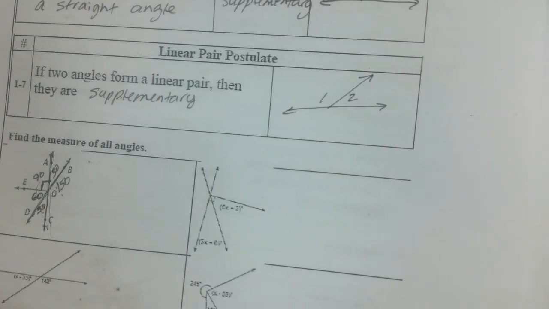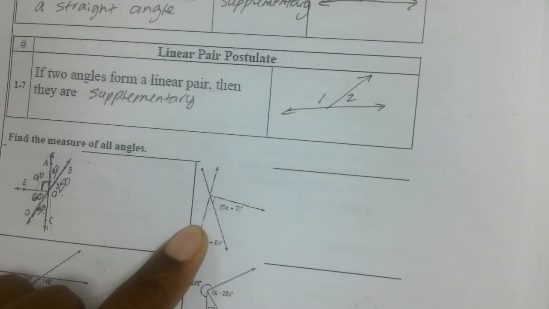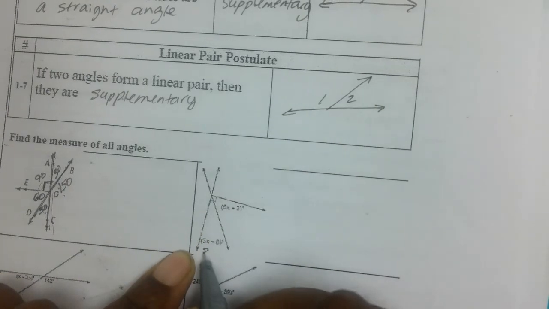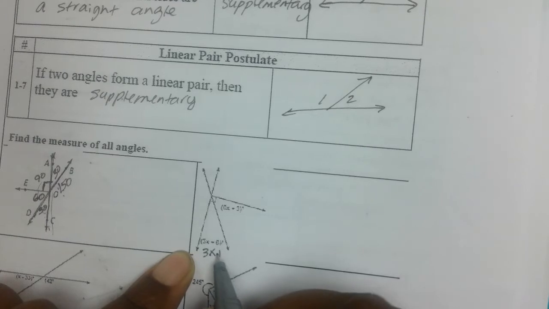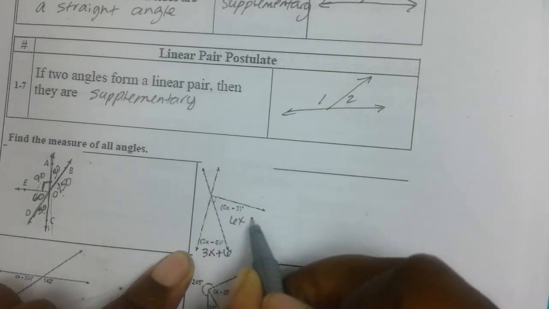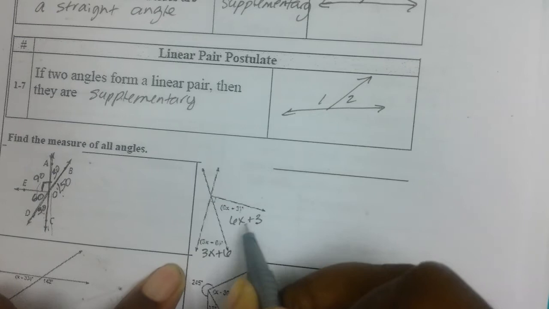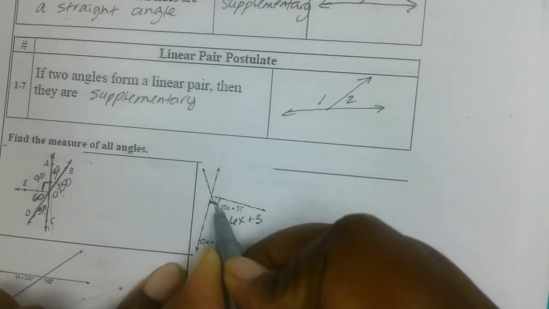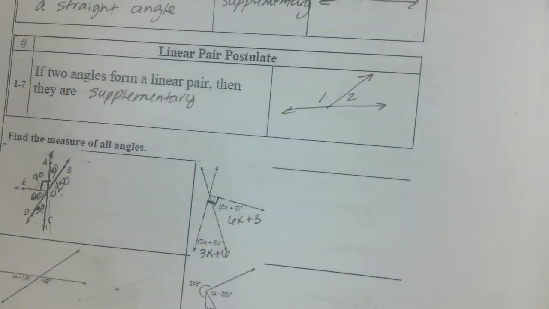If we go to this problem over here, again, I know this is hard to read. This is 3x plus 6, and this is 6x plus 3. This right here is a marking of a 90-degree angle, so these two angles are complementary.